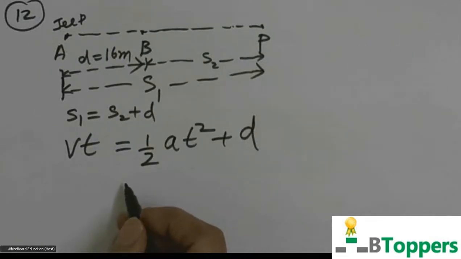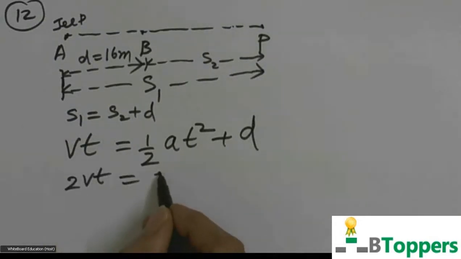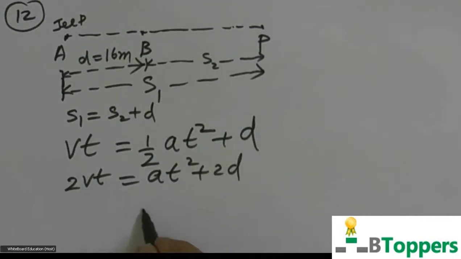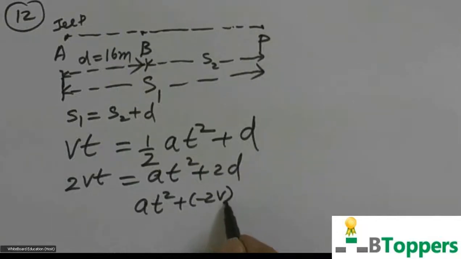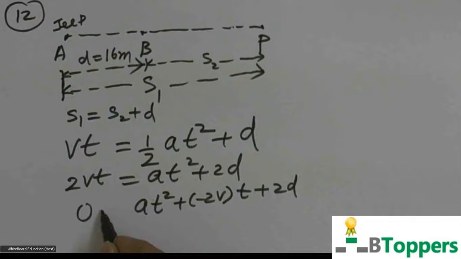So you can write this in the form of a quadratic equation. Multiplying by 2, V T equal to A T square plus 2D. So you can write A T square minus 2V into T plus 2D equal to 0.